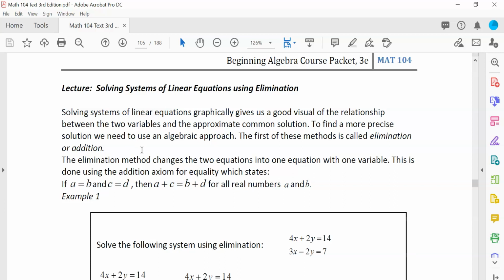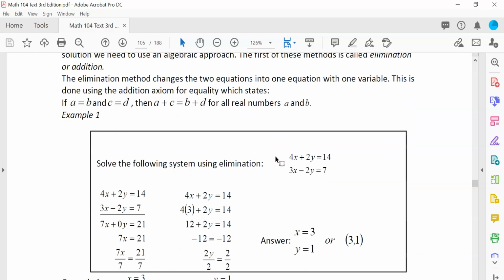Now, basically, this method is really nice when both equations are in that standard form we mentioned in the last part of 2.4. So if they're in standard form, meaning the x and then the y and then the equal and then a number, then elimination is really nice.